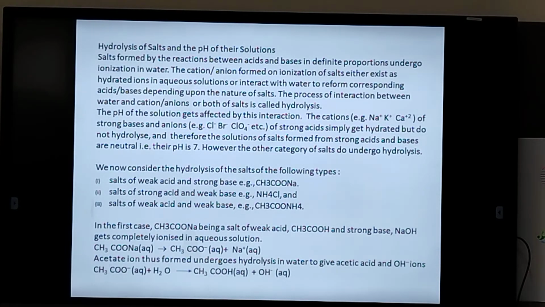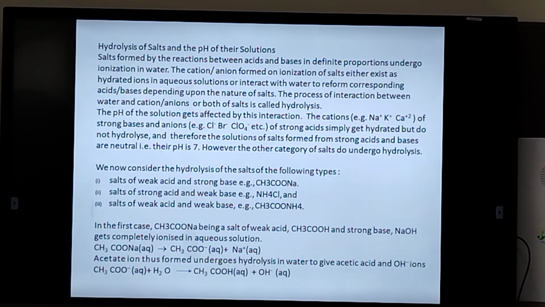Now our next topic is hydrolysis of the salt and the pH of their solution. Salt formed by the reaction between acid and base in a definite proportion undergoes ionization in water. The cations and anions formed on the ionization of salt either exist as hydrated ions in the aqueous solution or interact with the water to reform the corresponding acid and base, depending upon the nature of the salt.